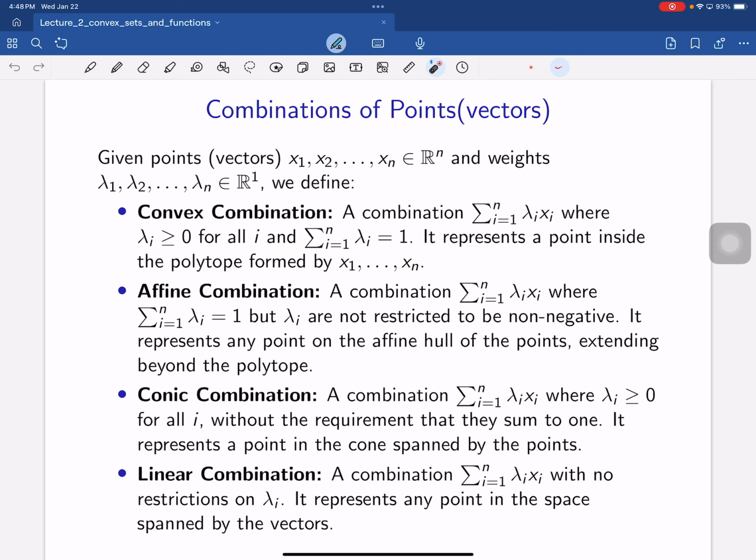Okay. And an affine combination is something different from a convex combination. We also have the lambdas sum to 1, but lambda is not restricted to be non-negative. And there is something called a conic combination, where we have lambda_i greater than or equal to 0, and there are no more restrictions on lambda.